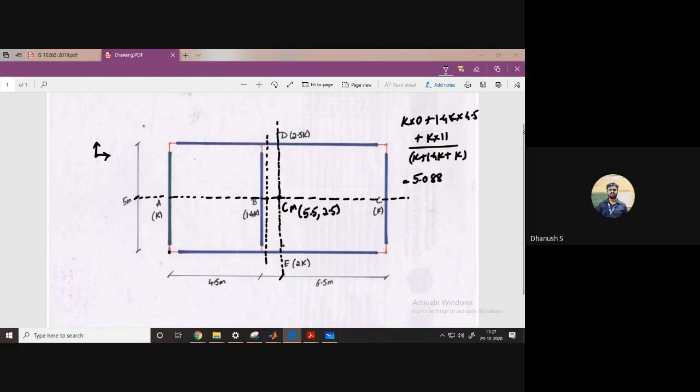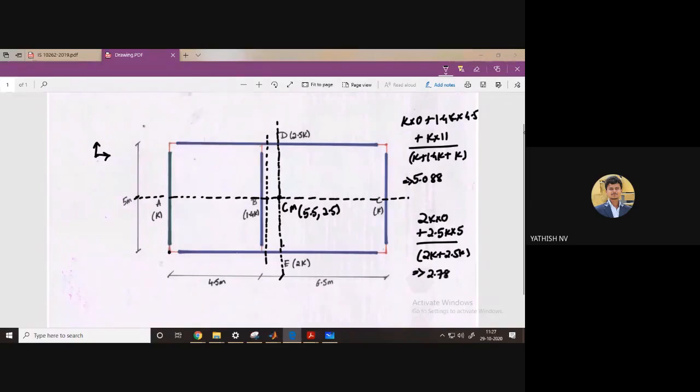Now for the other direction, I'll take the bottom to be the datum. So it will be 2K into 0 plus 2.5K into distance, 5 meters, correct. The entire thing divided by 2K plus 2.5K. 2.78.